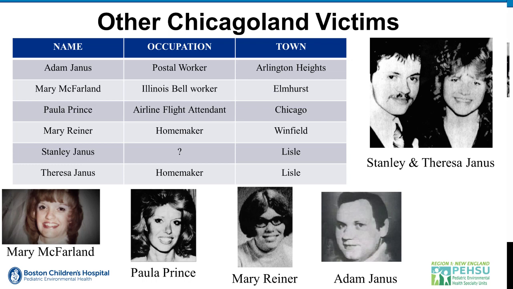It's interesting when the first responders went to the Janus's home when Stanley and Teresa had died. They found extra strength Tylenol, a bottle right near them, and they suspected that it was the Tylenol. This was the first suspicion that Tylenol was at fault.